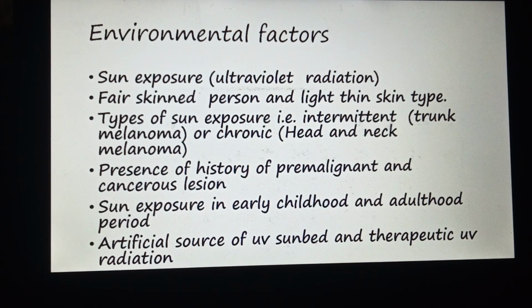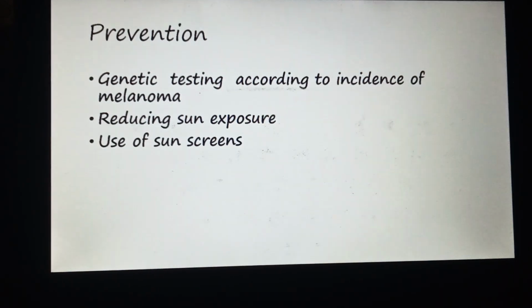Sun exposure, especially in early childhood and adulthood, is related to melanoma. Artificial sources of UV radiation, especially sunbeds and therapeutic UV radiation, are related to melanoma formation.